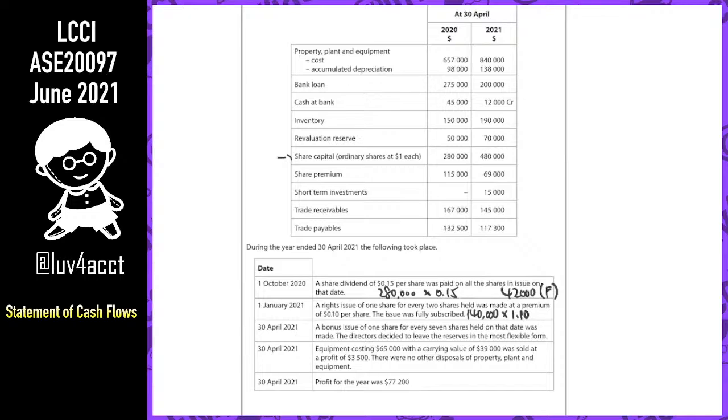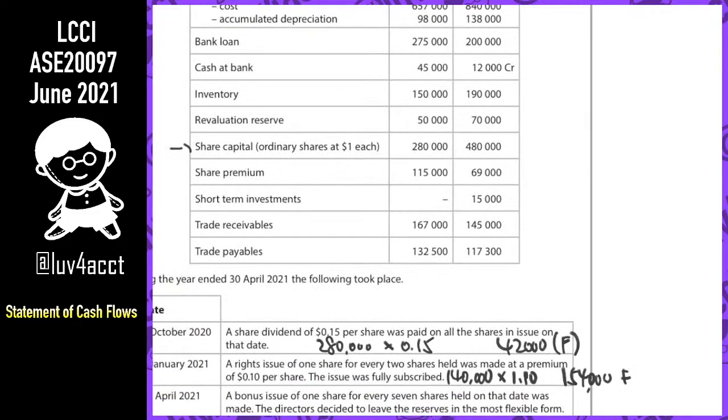So 140 multiplied by 1.1, we are issuing these shares for 154,000. Financing activities positive, we will receive 154. With this, let us mark down an addition of 140 to share capital and share premium of 14,000.